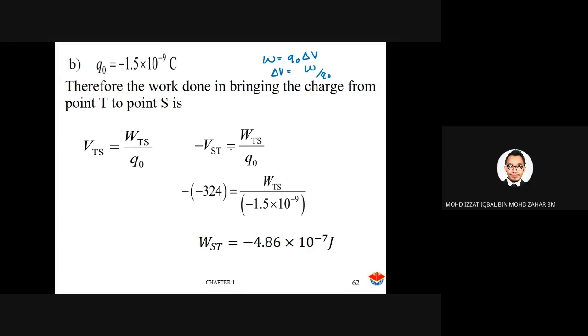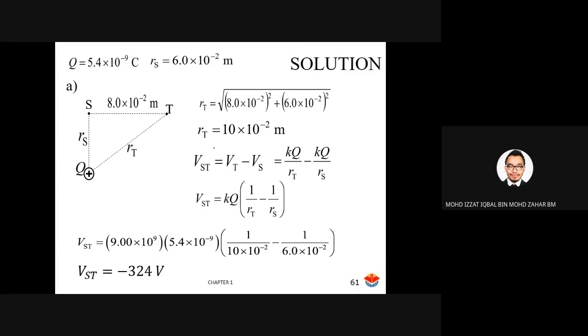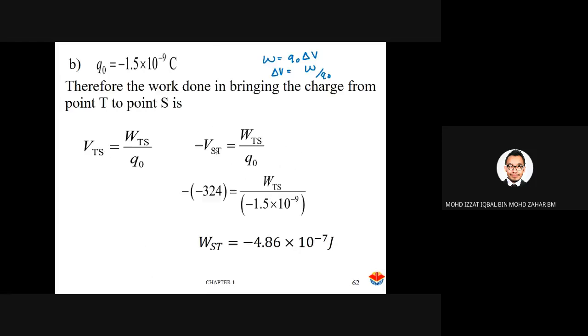Delta V tu, dia kira tadi just now is ST. So if you want to use ST, you have to put negative tu kat sini. So satu kau perasan, if you notice, this one is actually TS yang sepatutnya, so dia nak bawa daripada T ke S kan. Tapi sebab dikira terbalik tadi, you have to put negative there. Ni yang saya cakap lah, so you have to think smart when you try to answer the question. Then masukkan je nilai and then should get the answer.